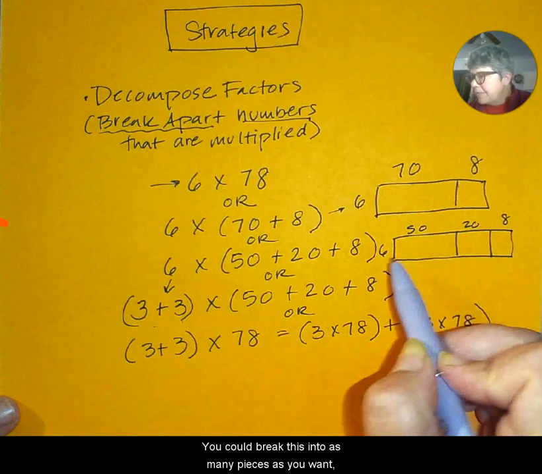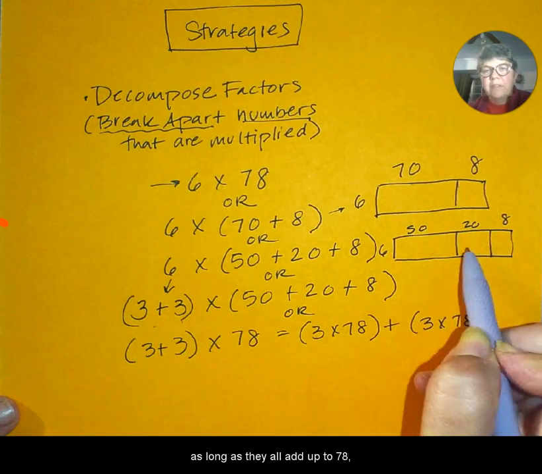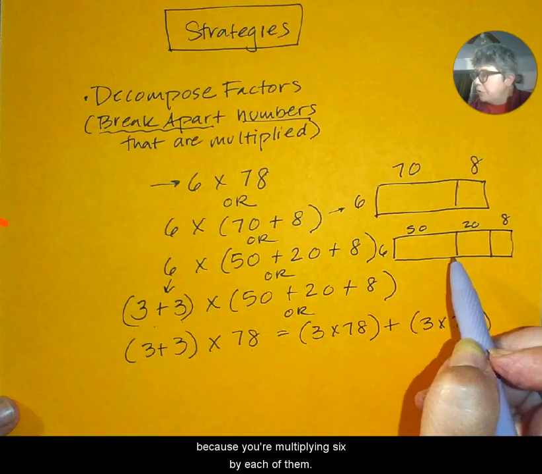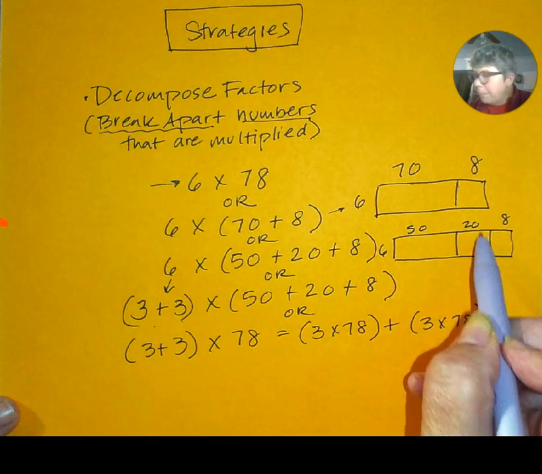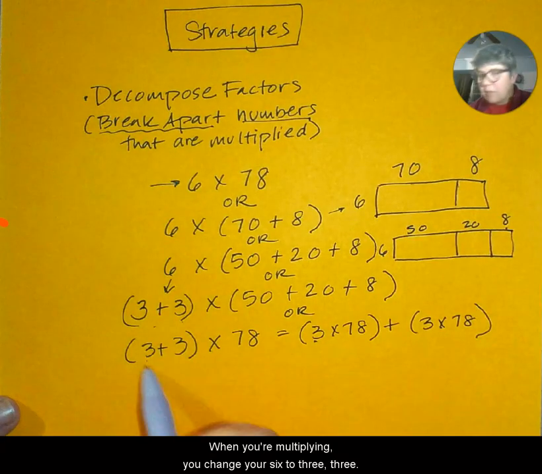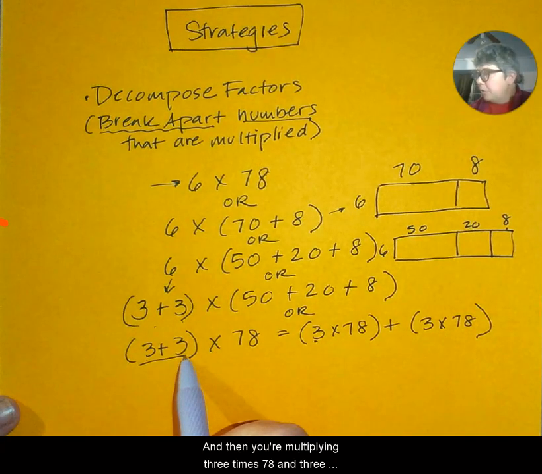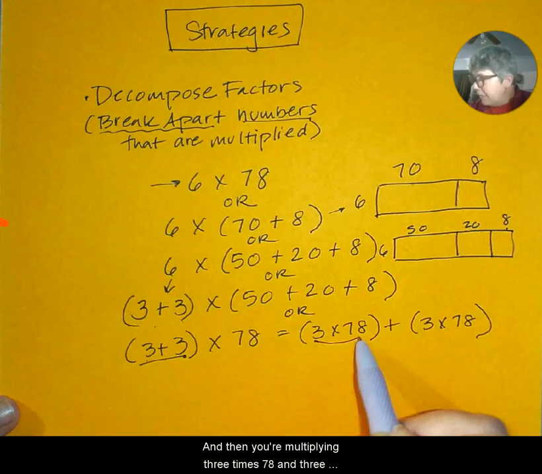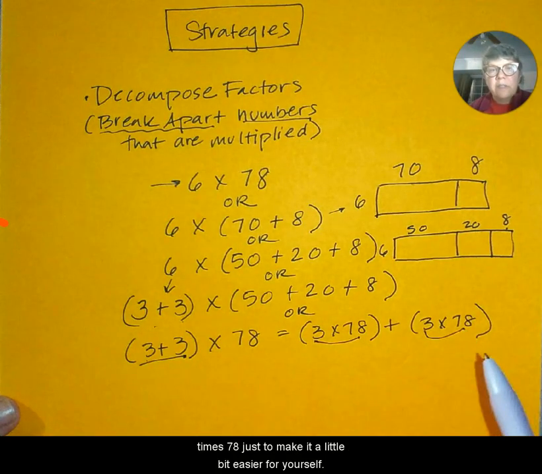You could break this into as many pieces as you want, as long as they all add up to 78, because you're multiplying 6 by each of them. And that's the same thing you're doing here when you're multiplying. You change your 6 to 3 plus 3, and then you're multiplying 3 times 78 and 3 times 78, just to make it a little bit easier for yourself, okay?